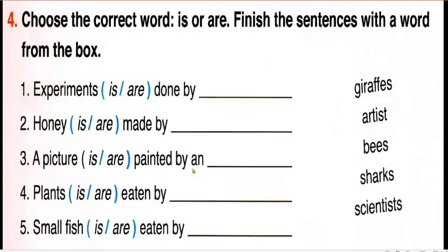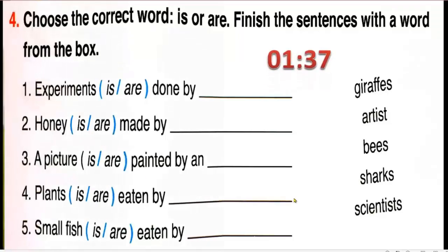Now please choose the correct word, is or are. Finish the sentences with a word from the box. Number 1. Experiments is or are done by giraffes, artists, bees, sharks, or scientists. Who can give me the answer?